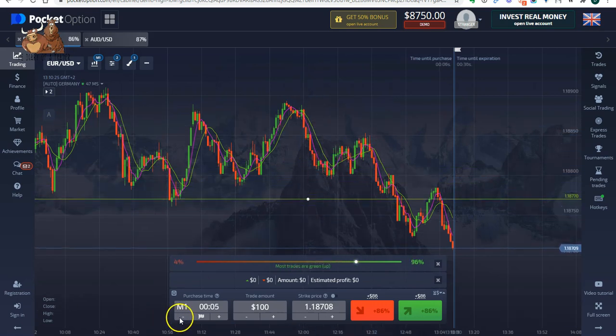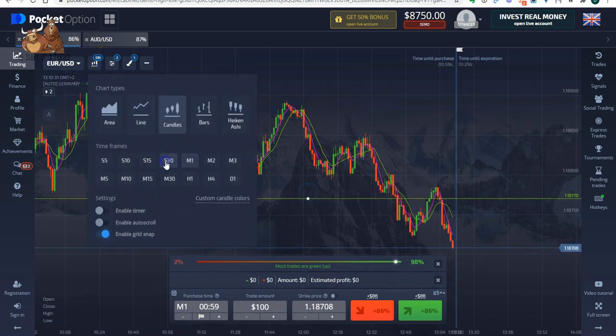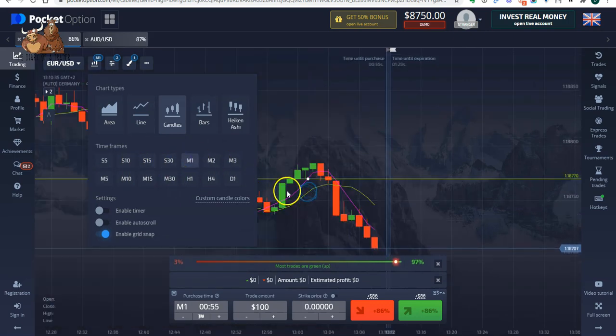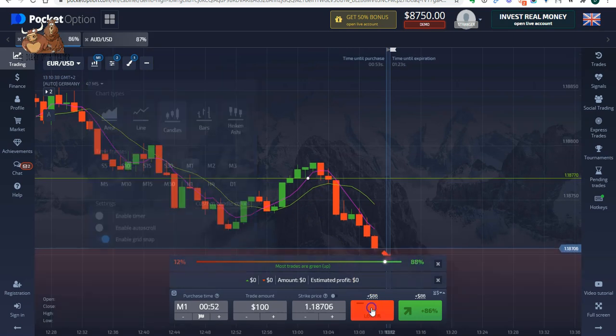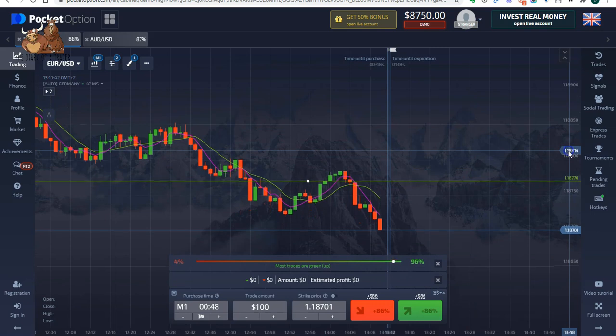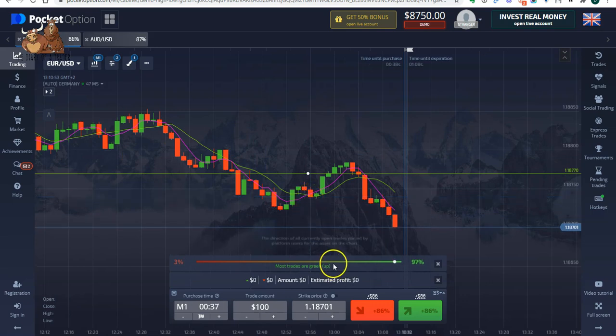What we're going to do is say that in the next 1 minute, we're going to place a trade. We can also reduce the time frame to 30 seconds or 15 seconds. Then we are going to wait for that expiry time, and when the trade expires, we will get our result.